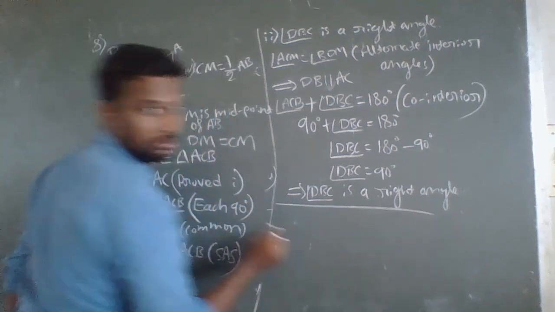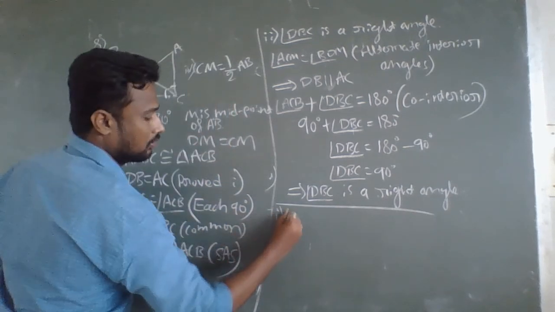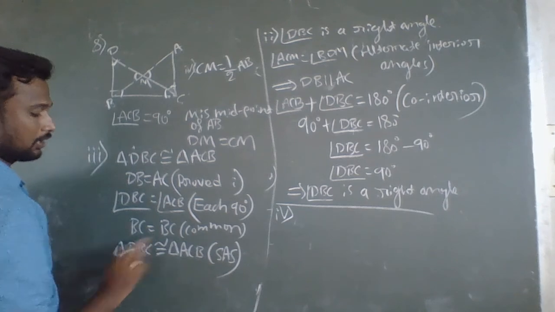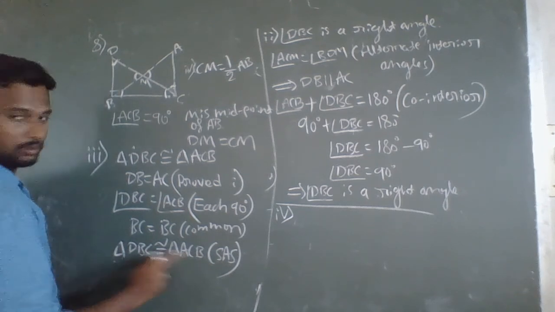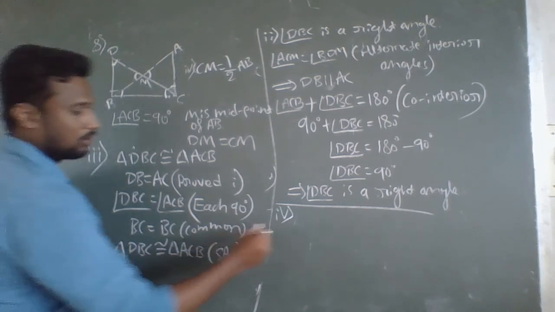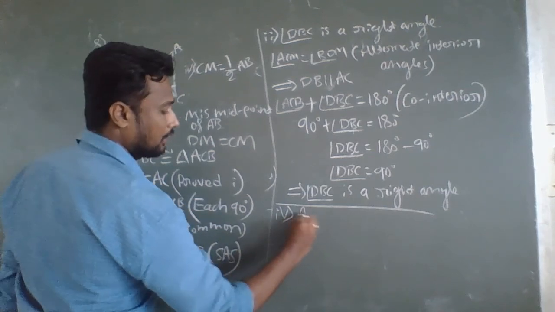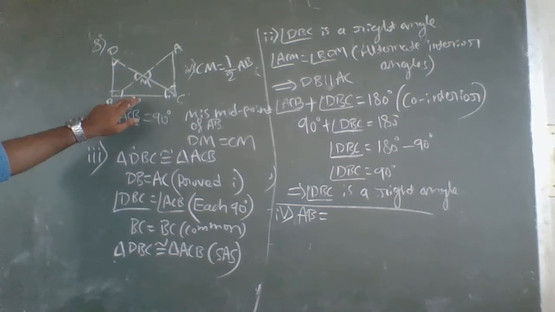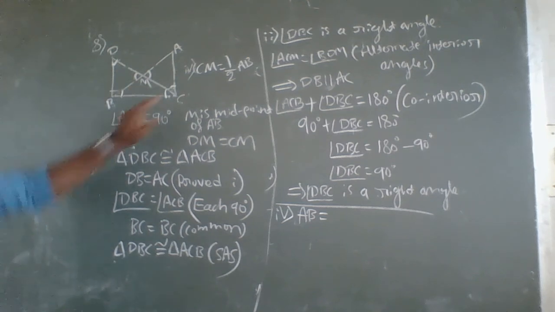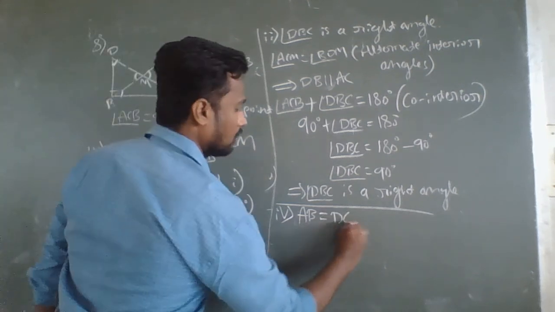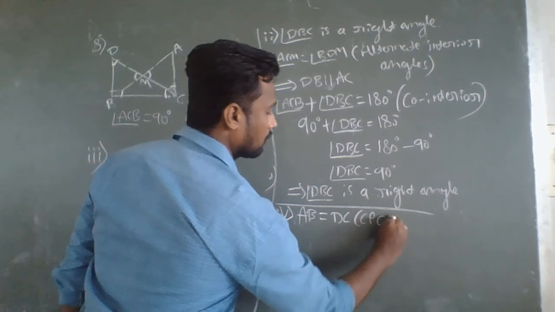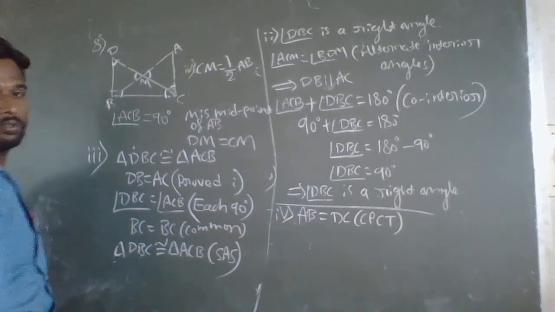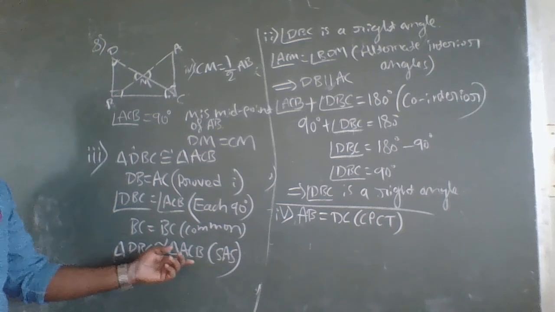I will solve it here. If these two triangles are congruent, then we can write AB is equal to DC, because these are corresponding parts of congruent triangles, DBC and ACB.